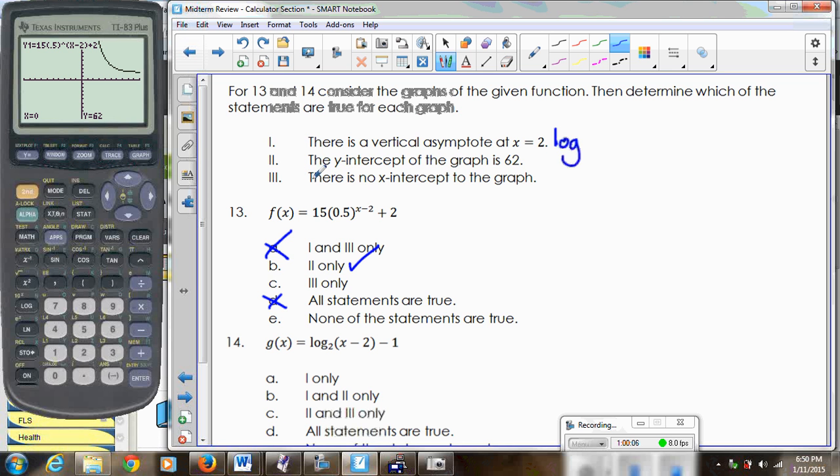And then it says statement 3, there is no x-intercept on the graph. So because my function is above 2, I know that it is true. There is not going to be an x-intercept on the graph because the asymptote lifts it up. So let me just double check this, because this is kind of weird because 2 is correct and so is 3.